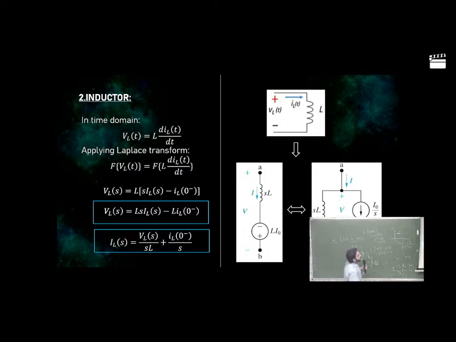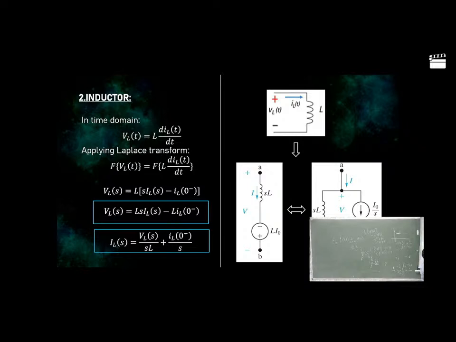This comes from the fundamental equation v_L equal to L di/dt, which is the normal equation. You are taking Laplace on both sides. So V_L(s), and as I just explained the derivative will be written like this, since current is the variable here, is sL I_L(s) minus L I_L(0-). So V_L(s) is given by L s I_L(s) minus L I_L(0-).